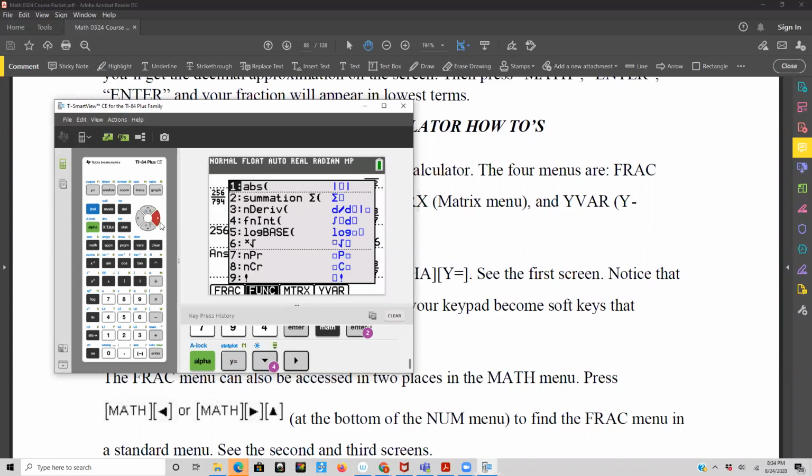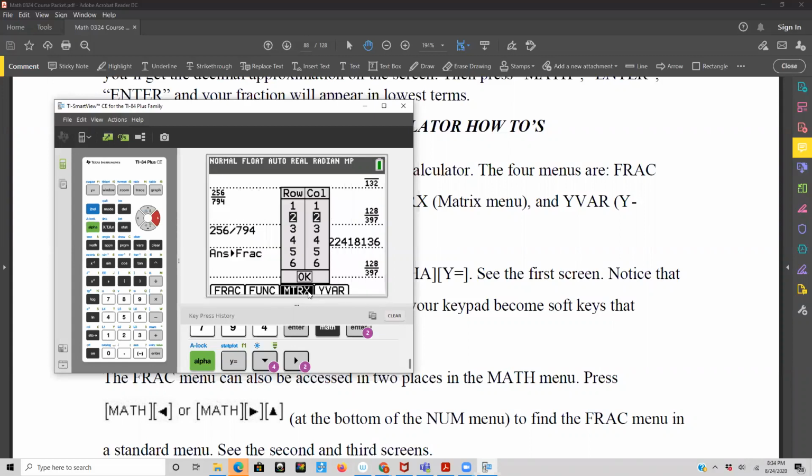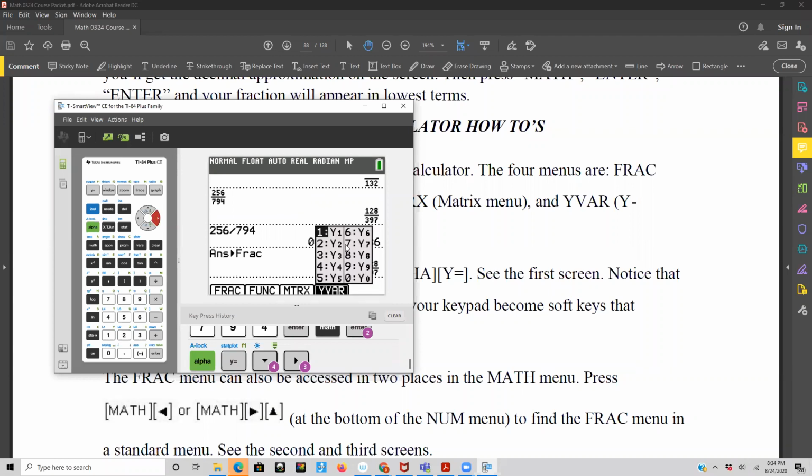All right, so if you go over to the other menu here, it's matrices. You can create matrices. I could click, I want a 2 by 2 matrix. You don't even know what those are yet, but there's a way to do it there. And Y variables, this is your graphing menu.